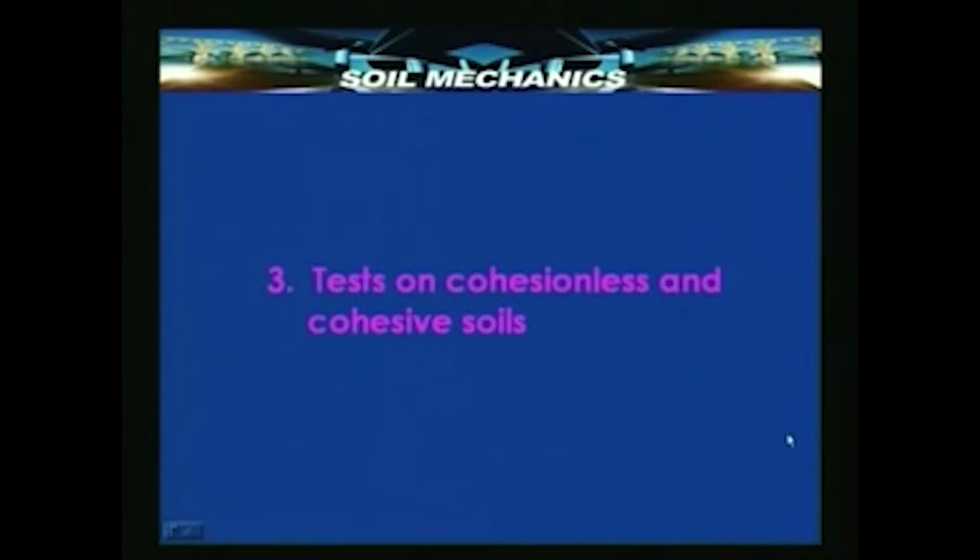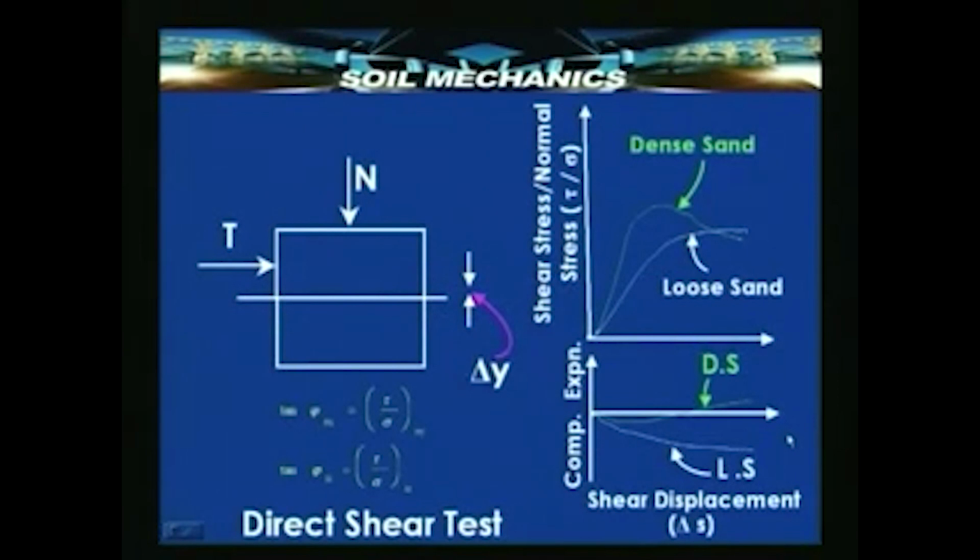Now let us take a quick look at cohesionless and cohesive soils and their behavior. We have seen this slide before in lecture 3. Here is a typical direct shear specimen. When we conduct a test on sand, if the sand is dense, we get a shear stress versus shear displacement diagram like this, and if the soil is loose sand, then the shear stress versus shear displacement diagram becomes like this.